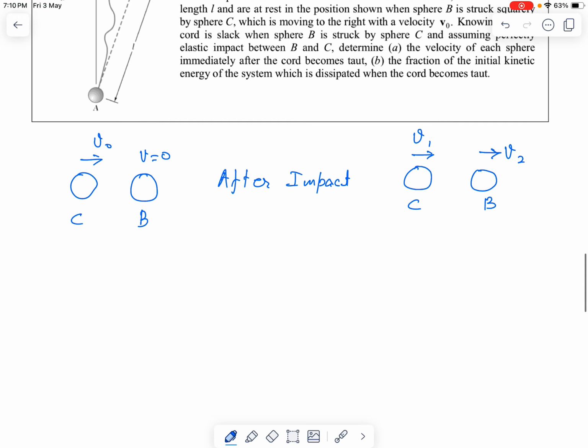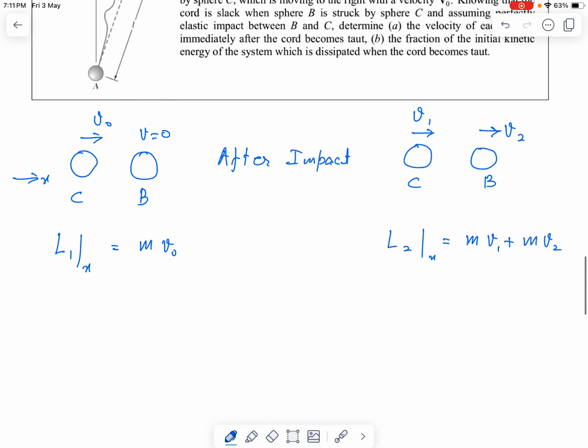So here, when you write the linear momentum L1 in the x direction, this can be written as m times v naught, and after impact the linear momentum in the x direction is m times v1 plus m times v2. Both have a mass of m.